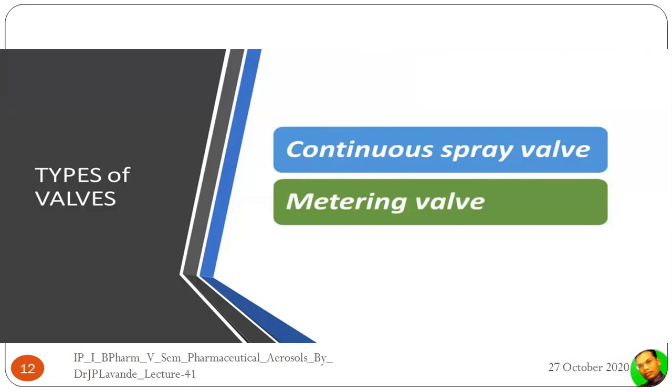But if you see perfumes, or medicated aerosol systems like those used by asthmatic patients, just pressing it delivers the required amount of dose. That is the metered dose, and that is why these valves are called metering valves.